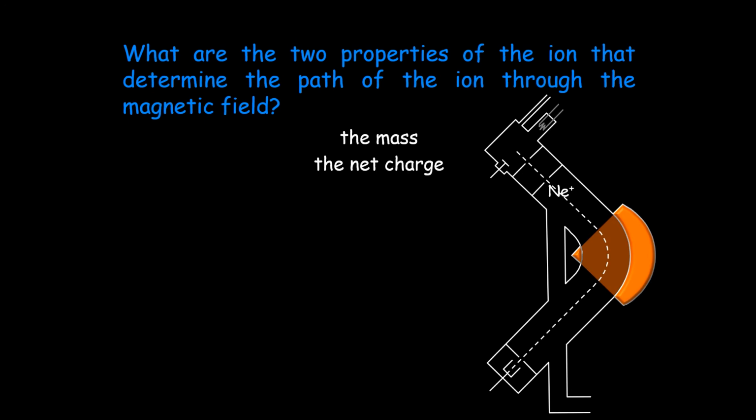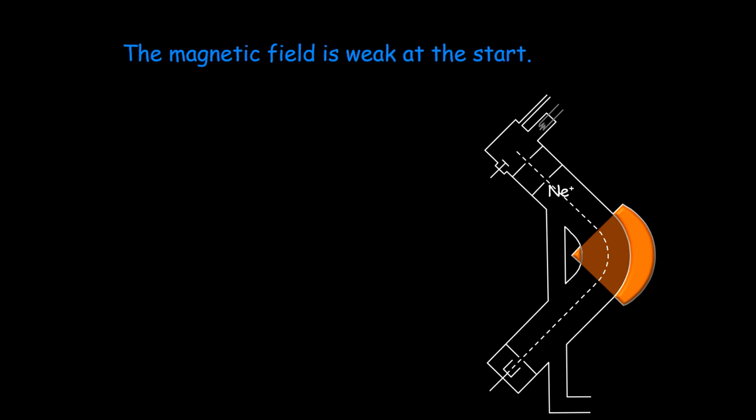The deflection depends on the mass and the net charge. So the magnetic field starts off weak, and we can see the ions there are not deflected. The magnetic field strength increases, which causes more deflection. So there's a little bit of deflection there. Increase the magnetic field again, more deflection.